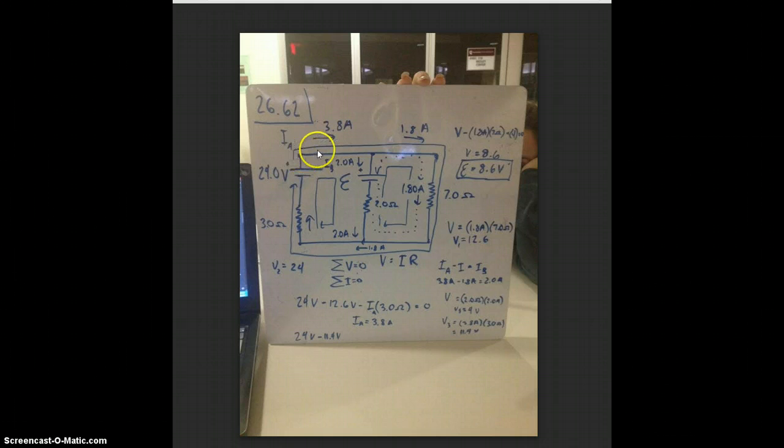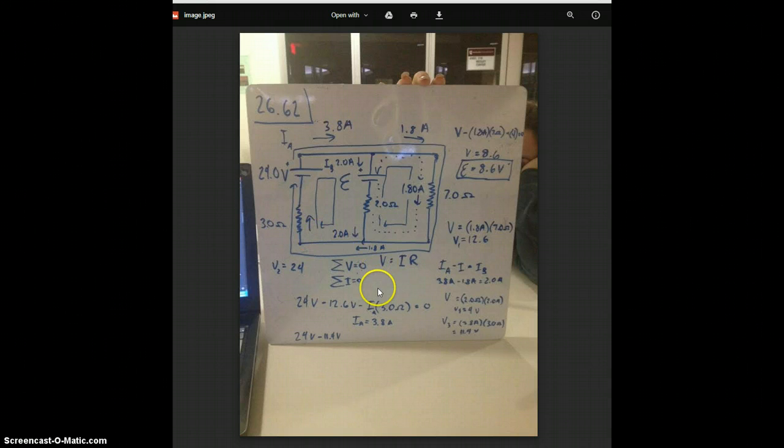I was trying to find the current heading this way, because the junction rule was going to split it, and to do that I used the loop rule, because I knew I could sum everything equal to 0. So 24 minus the 12.6, which I got from over here, minus, I called this IA for no reason, maybe I should have used a number because A is amps. Regardless, this is IA multiplied by the 3 ohm resistor, because it would be the same current going this way and this way, since it's a resistor here.